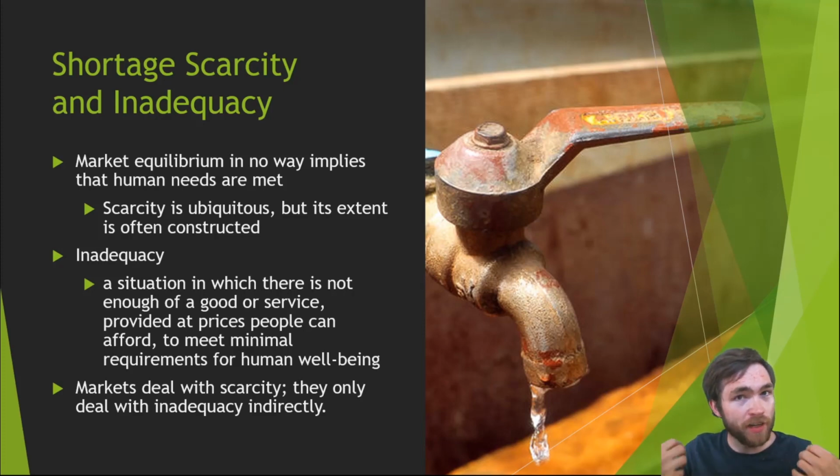So we have this idea of inadequacy, which is a situation where there's not enough of a good or service provided at prices people can afford to meet the minimal requirements of human well-being. And so it's important to note that markets deal with scarcity, shortage and surplus, but they don't deal with inadequacy directly. They only deal with it indirectly through the way they deal with scarcity.